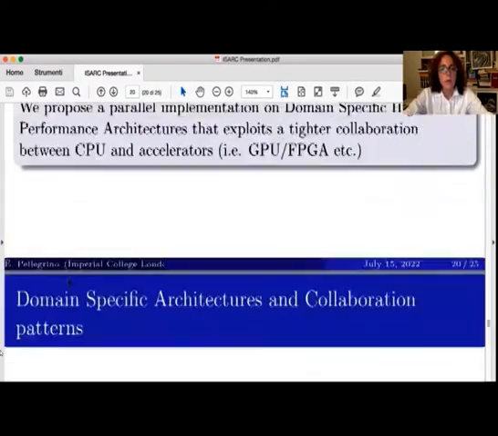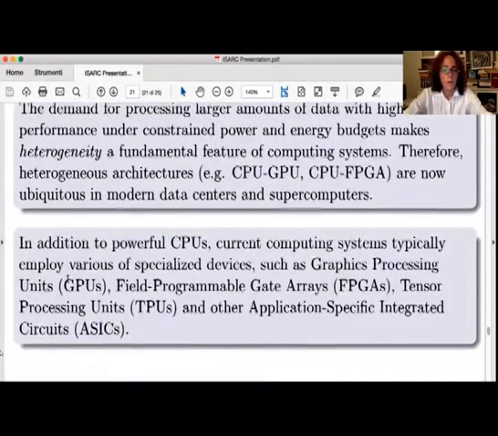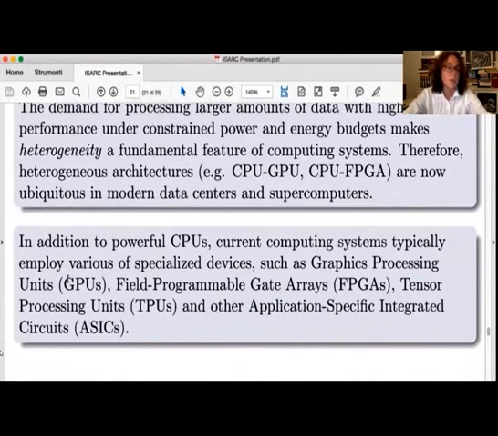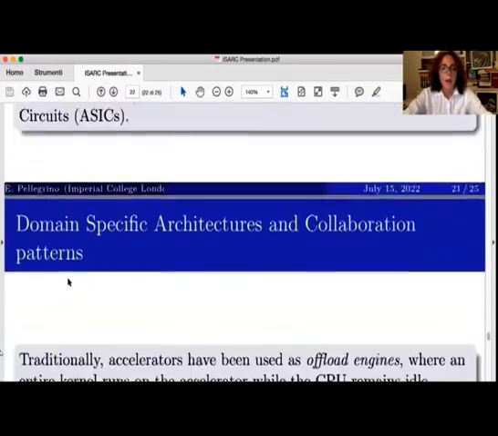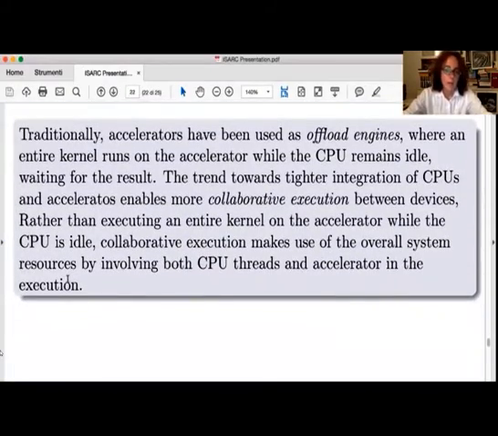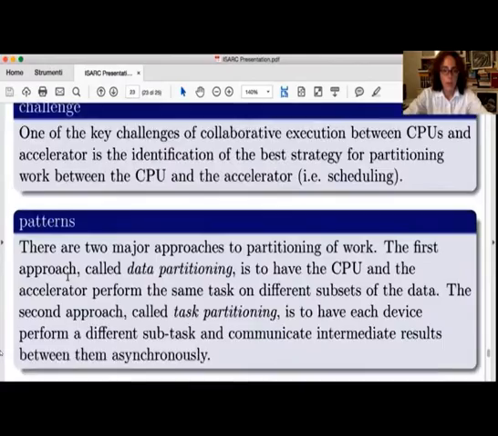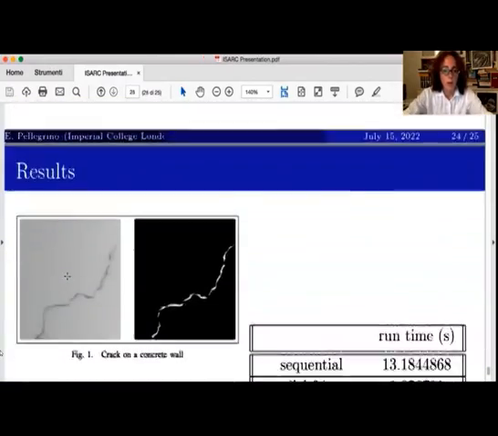And for this reason, we used the OpenMP task processing feature. We get some details about the implementation, but actually I want to go to the results.